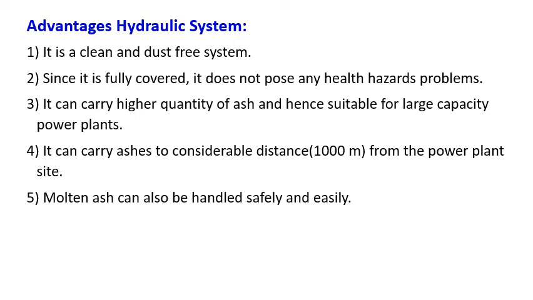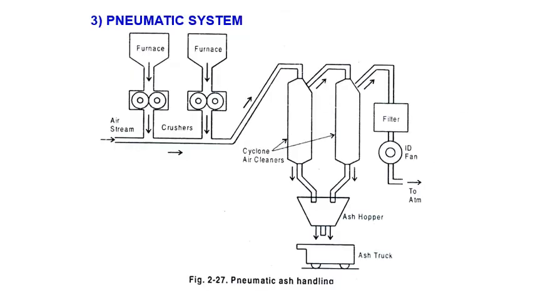Molten ash can be handled safely because while handling the ash, it will be very hot, and the crew members working there may come into contact with the ash on their gumboots and so on. Injuries are generally avoided in the hydraulic system.